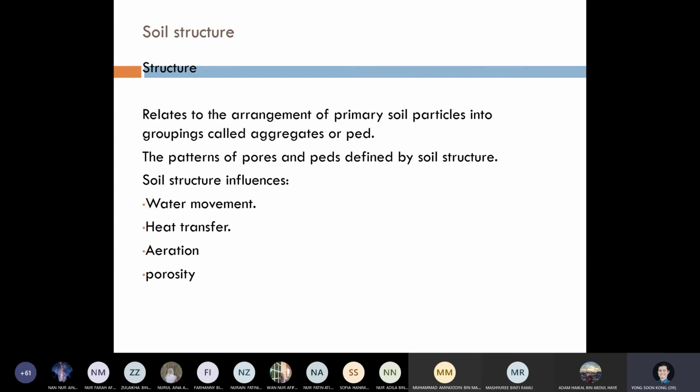But of course, if the porosity gets too high, then it's not going to be good for the soil to sustain nutrients. So not too high, not too low, to allow air and water to flow through and be retained inside the soil.